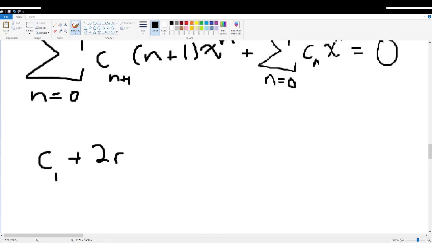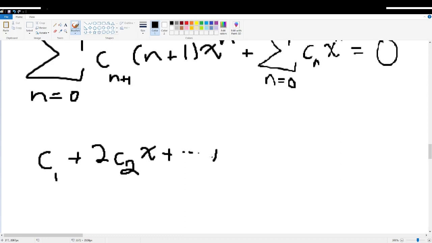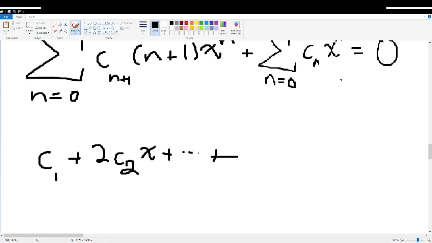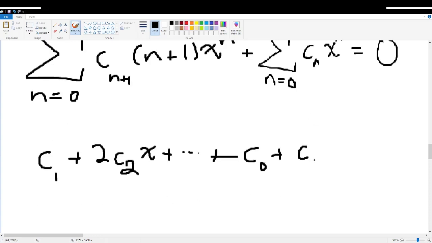So 2c2x plus blah, blah, blah. And now let's add these terms over here. Well, this is just going to be c0 times x to the 0th power, which is just 1. So that's going to be c0 plus c1x plus, and so on, right?